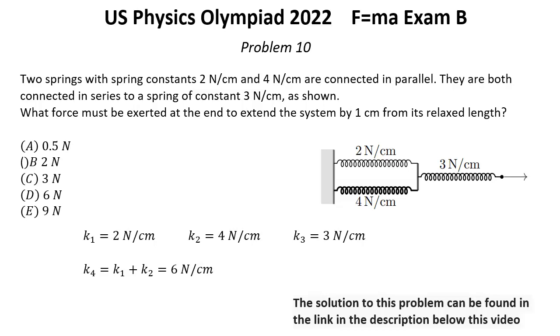And for series connection of spring K3 and K4 we have equivalent constant for whole construction is 2 newtons per centimeter. It means that we have to exert force F equal K delta X, which is 2 newtons. That's answer B, and that was solution for problem number 10.